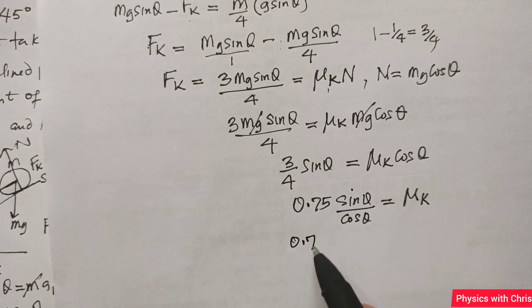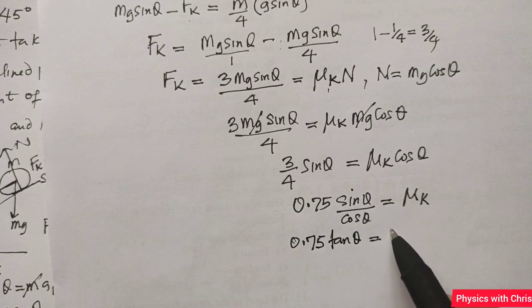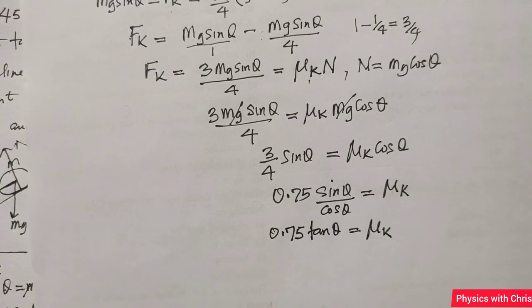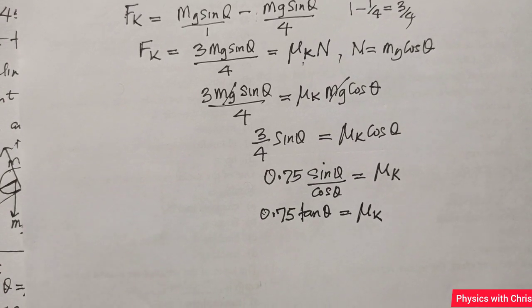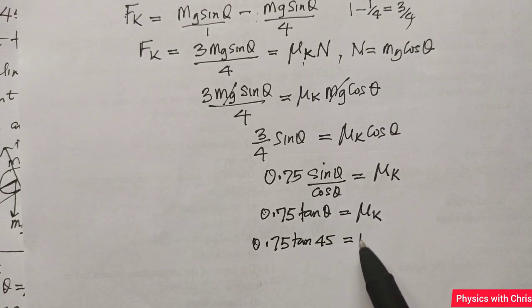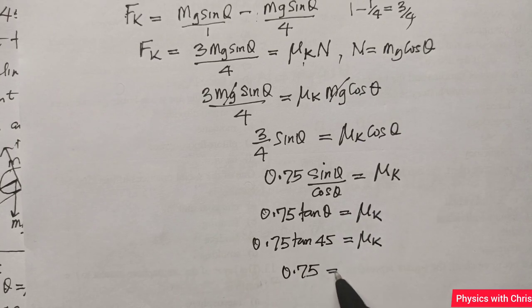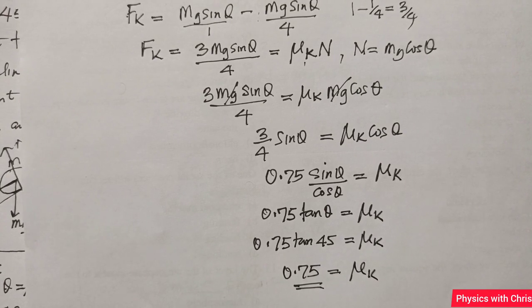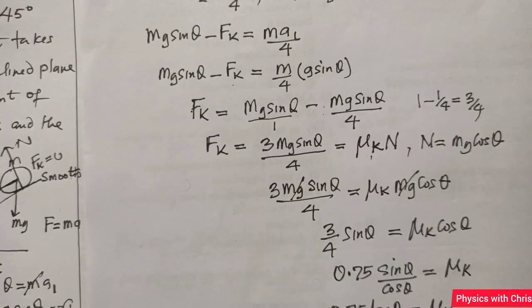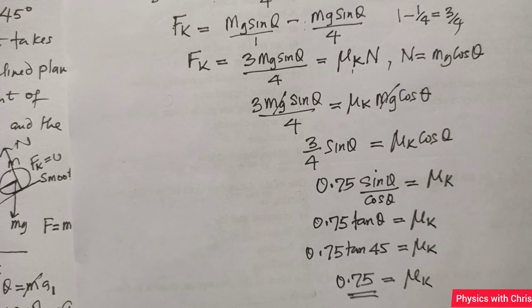So I have 0.75 times tan theta equals mu k. That means tan 45, because theta was given as 45, equals mu k. Tan 45 is 1, that gives us 0.75, which is equal to mu k. So that gives me the coefficient of kinetic frictional force acting on the surface. So that gives me the solution to this problem.